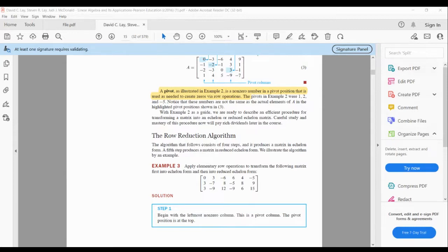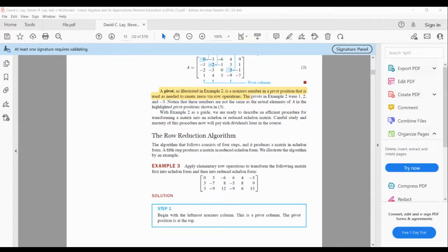I will mention that we like to generally use small numbers or ones as pivots. One is a very good number to use as a pivot in a column because it's easy to do row operations when the pivot is a one, so that you can produce zeros below the pivot in the column.